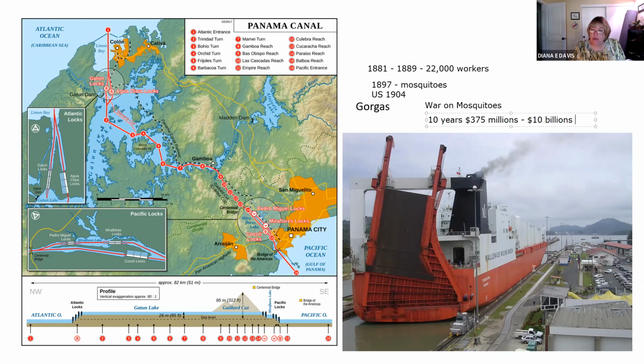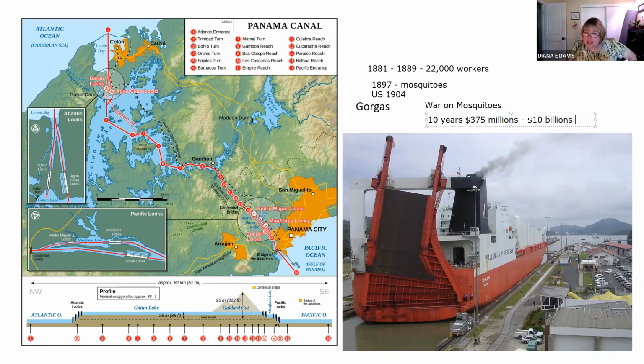Look at how close that ship comes to the edges of the canal. This is one of the things that kind of limits the maximum size of ships. Literally, it has a strong influence on shipbuilding nowadays. We can build bigger ships, but we can't get them up through the Panama Canal anymore.